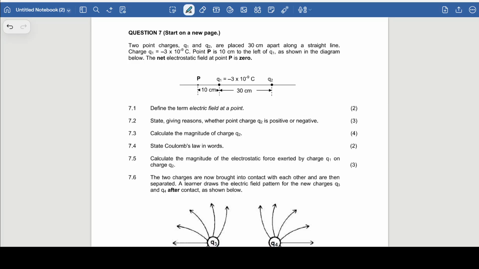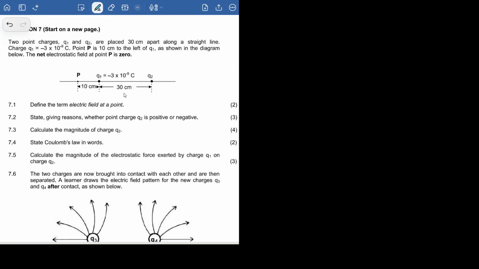You can advise, I guess. You can advise. Okay. Now, you stated, giving reasons, you defined.